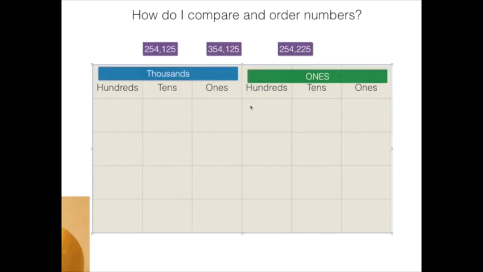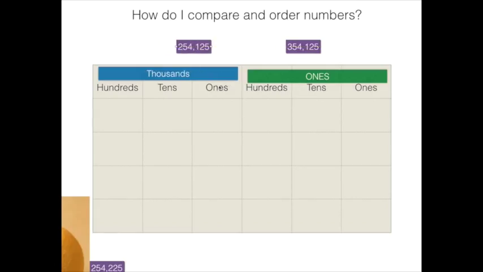Let's start comparing just two of the numbers. We'll focus on these two numbers here. So, let's write the first number and the second number using our place value chart. There's the ones.